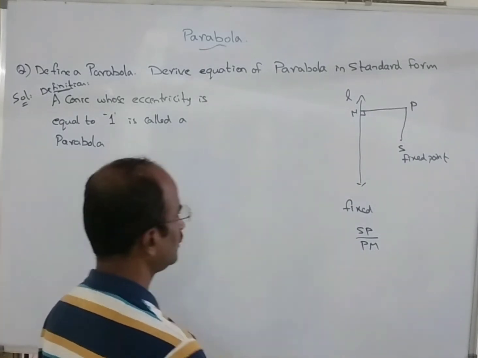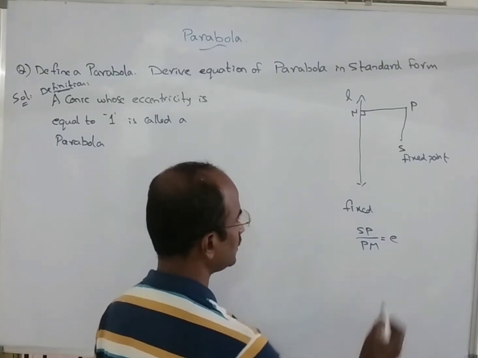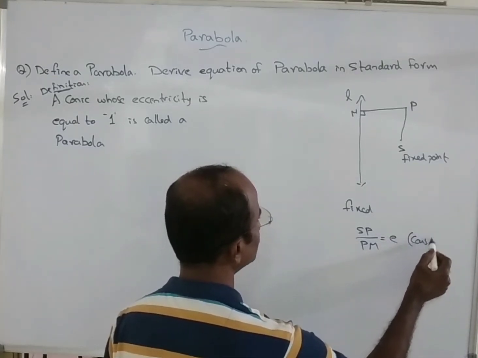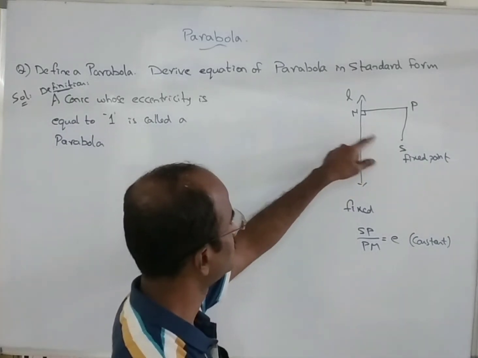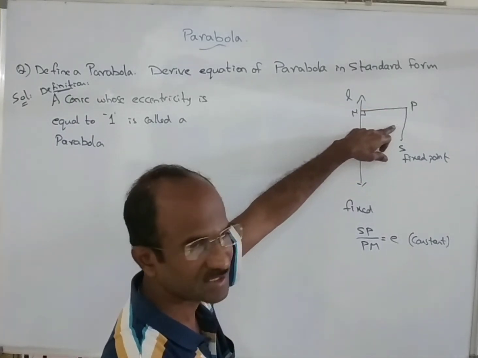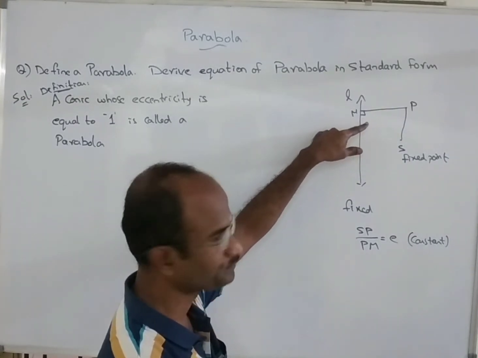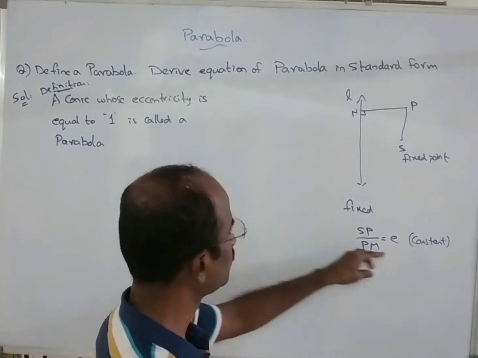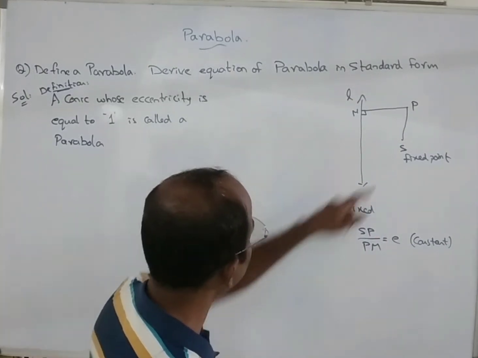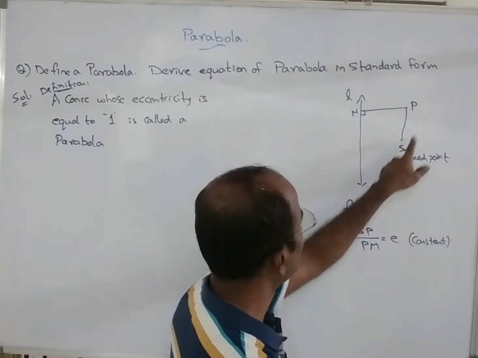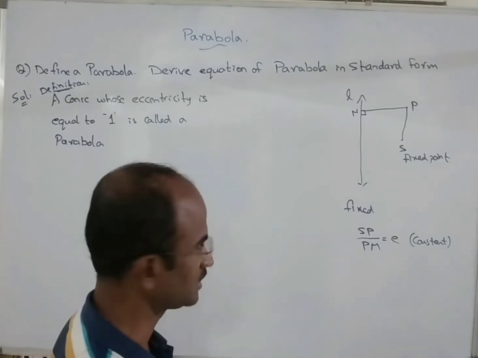Now, if this ratio is equal to a constant, let us suppose the constant as E. SP by PM. You have found the distance between S and P and the distance from P to this particular line as PM. Suppose you divided and you got a number, suppose 1 by 2. Now take somewhere else, some Q. SQ by QM, that also we do. Suppose you get the same answer.